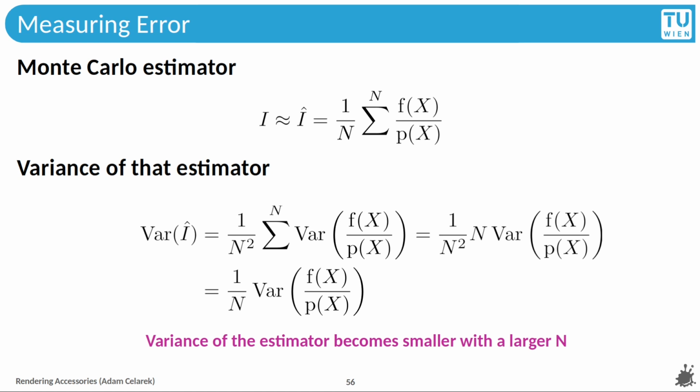And the sum of n values is n times the value. So we can replace the sum by a multiplication with n, and 2 of the n cancel out. So the result here is that the variance of the estimator and the error is 1 over n times the variance of a single sample.